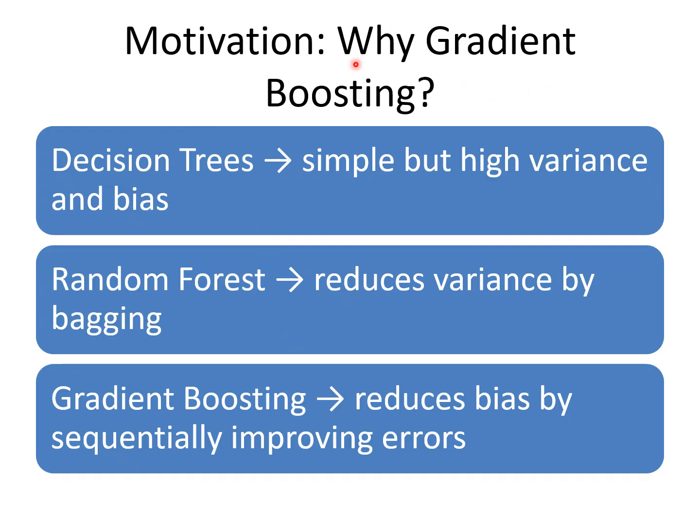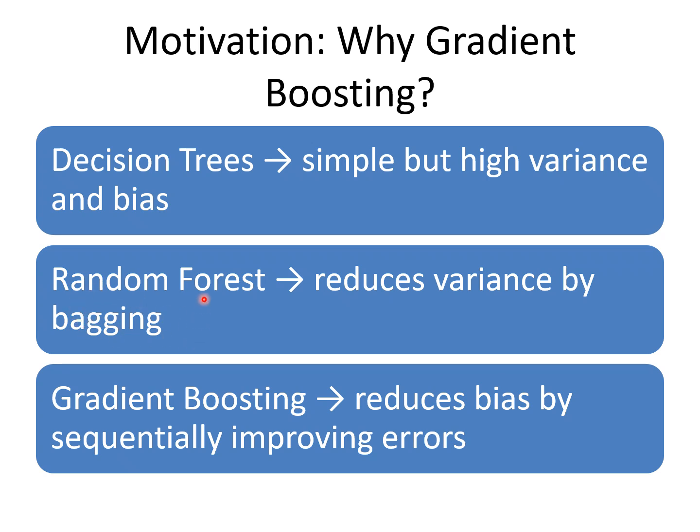So the motivation, why are we looking at these gradient boosting techniques, is because, as earlier mentioned, decision trees are simple, but they have high variance and can easily introduce a lot of bias when training them. Also, I did mention earlier that random forest reduces variance by using the bagging technique, where we first do a random sample of the training data and then train multiple decision trees, and then if it is a classification problem, we look at the majority voting.